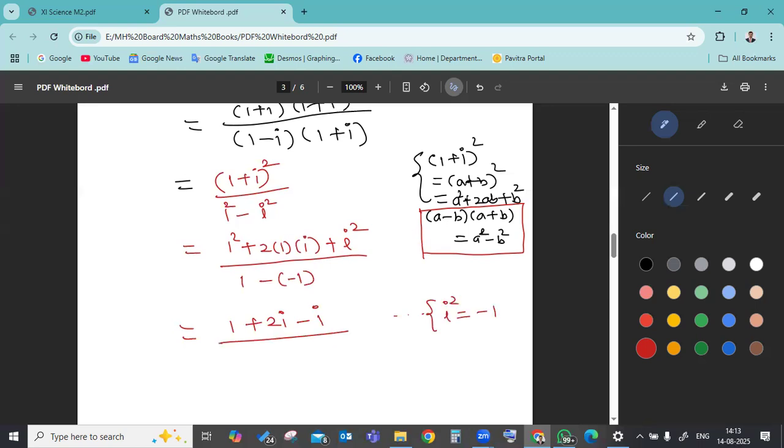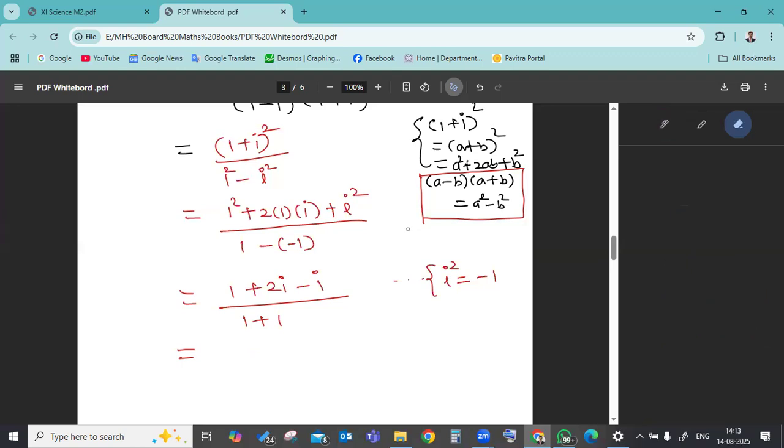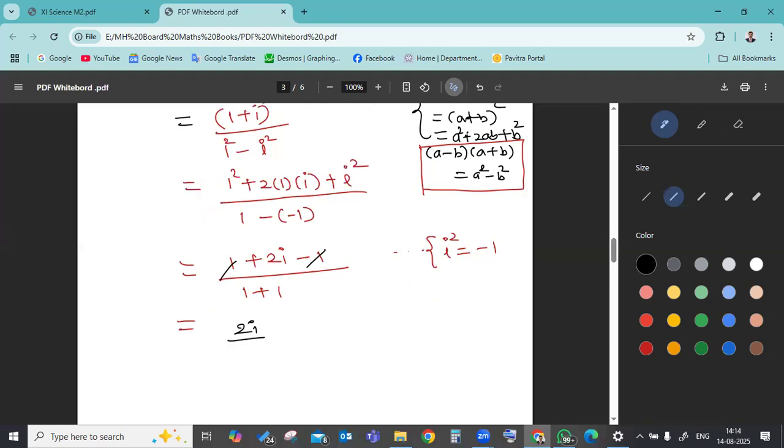So there should be minus 1 only. Okay. Now this 1 minus 1 is cancelled and it becomes 2i divided by 1 plus 1, that is 2. The final answer is i only, because this 2 is cancelled with this 2.